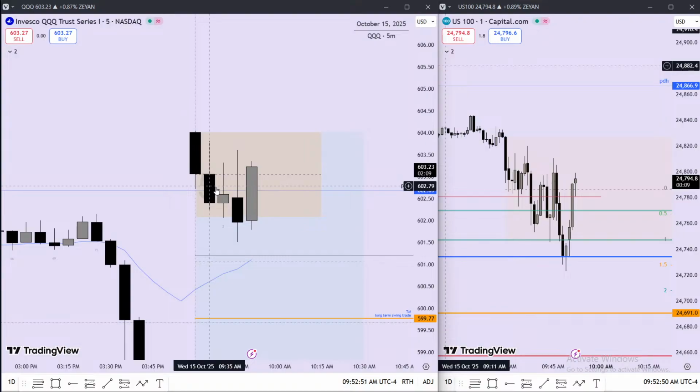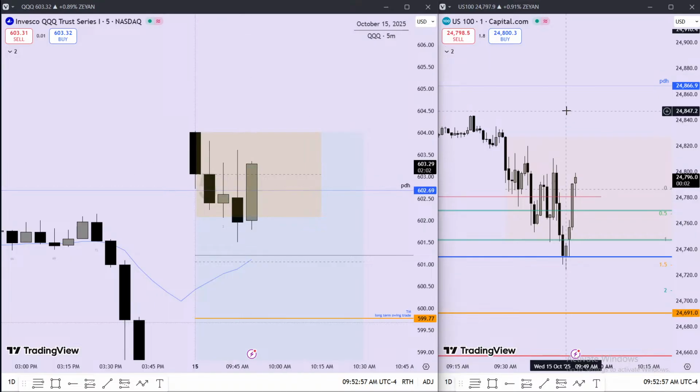We got two bear bars, bull bar, a bear bar, and now we're getting a bullish bar. So it's overlap.